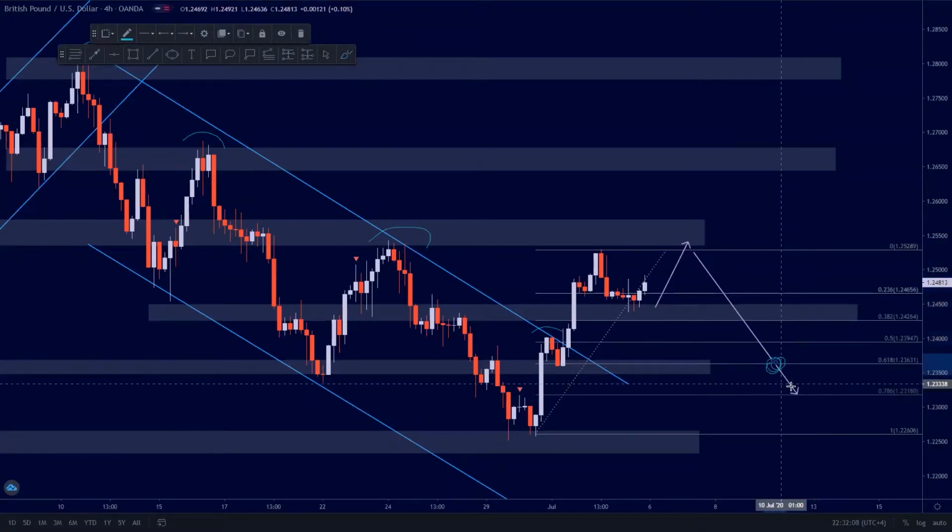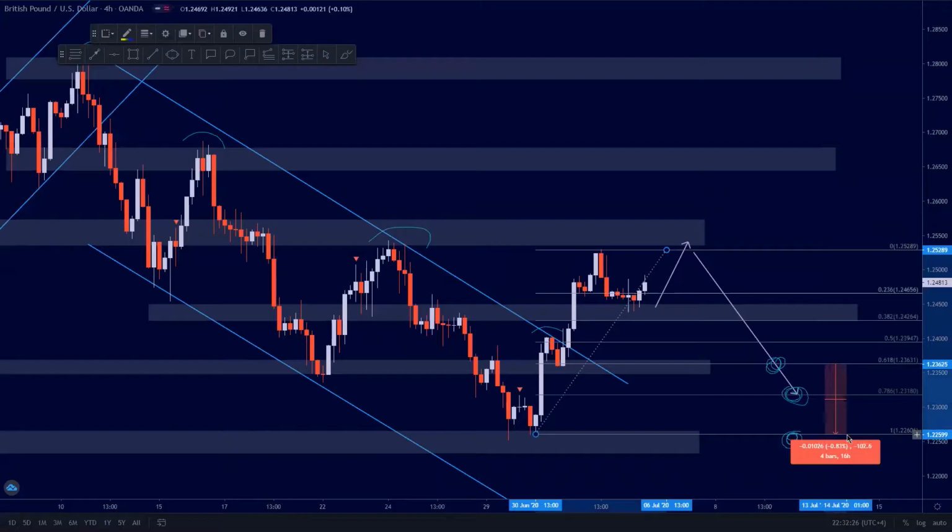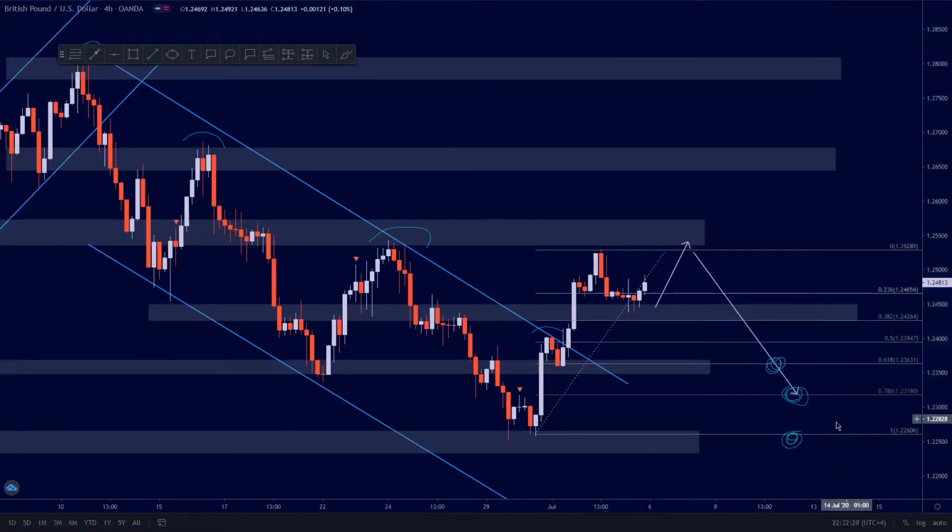This is your first buy, this is your second buy, and your stop loss is this. So I think it will not be much. It's 54 pips. It's 100 approximately.